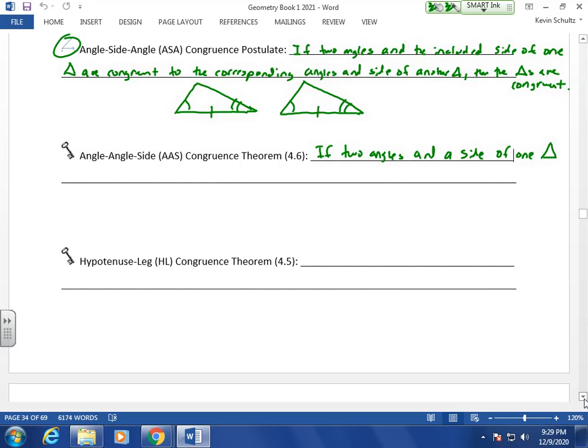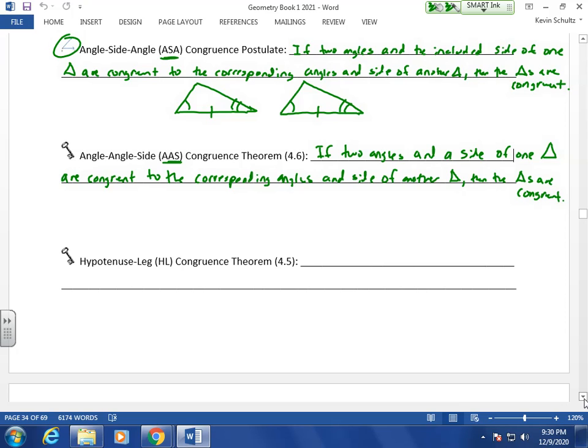If two angles and a side of one triangle are congruent to the corresponding angles and side of another triangle, then the triangles are congruent. Okay, so it's really got kind of the same pieces as angle, side, angle, just in a different order.